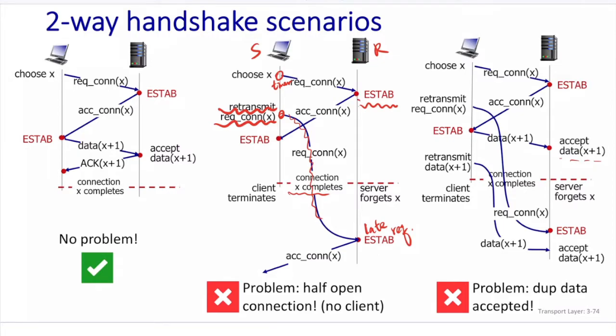So at some moment right here, the receiver does not get any data, right? But it is already in the established state. But at some moment, the receiver, at the right-hand side, forgets X. That is because the receiver terminates the connection.